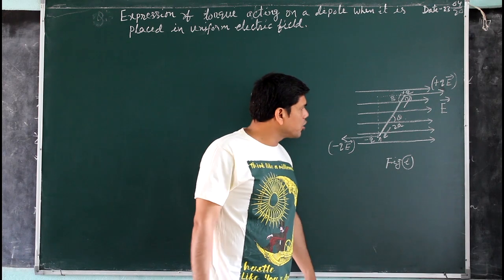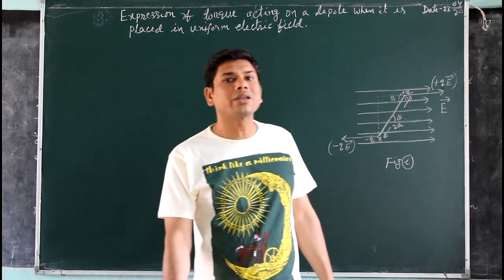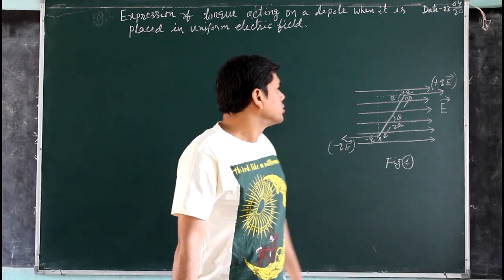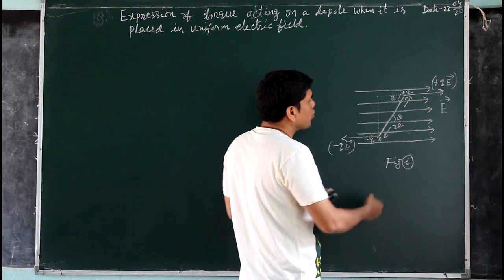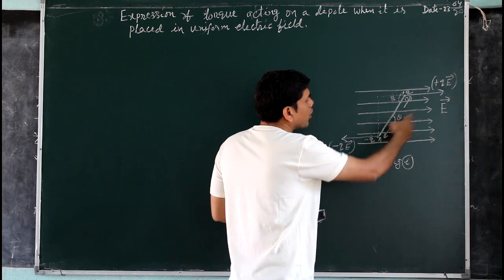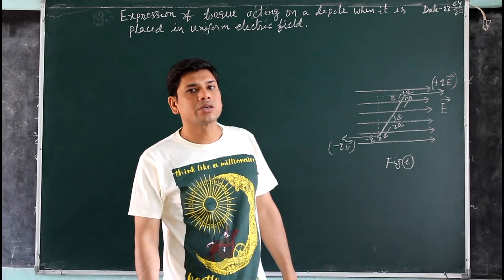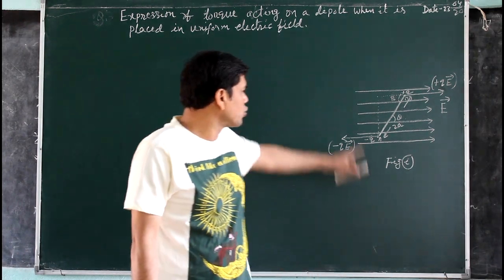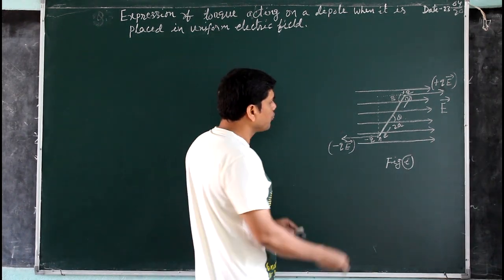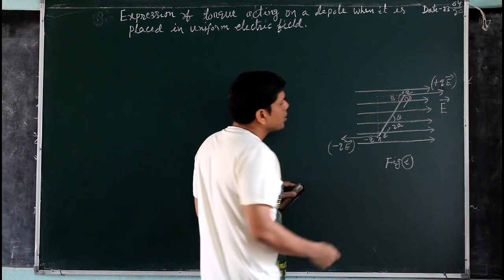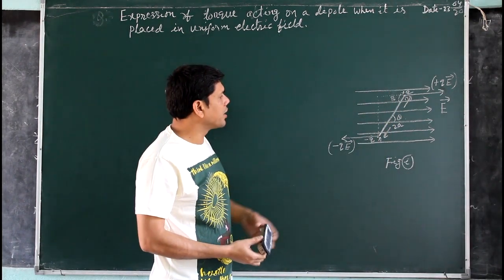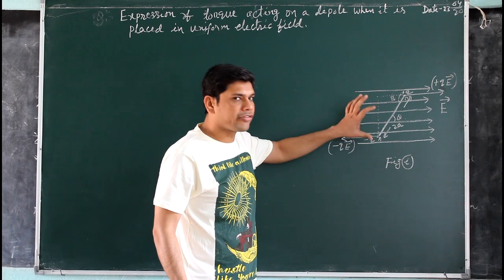Now, at any instant of time, we have considered that this dipole is lying at an angle theta along the direction of this uniform electric field as shown in figure 1.